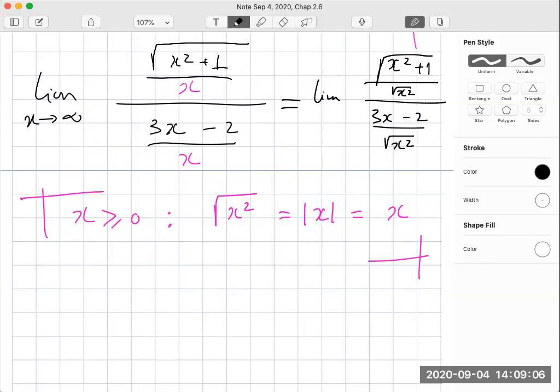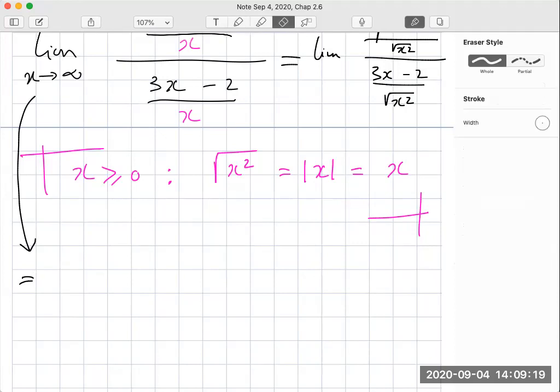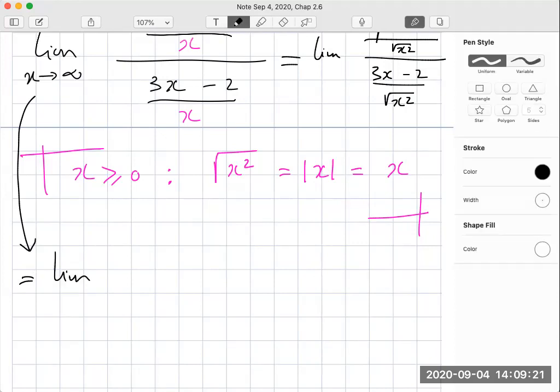But now the fraction of two things with the same radical sign, it becomes the limit when x approaches infinity of the square root of x squared plus 1 over x squared.